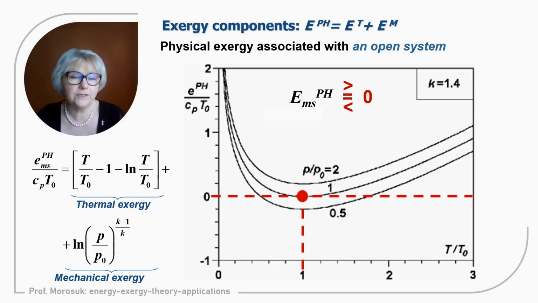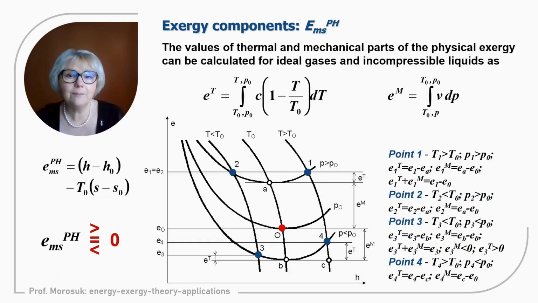And I return to our discussions. Physical exergy can be divided into thermal and mechanical parts, and we can illustrate these parts, for example, using a diagram. If we use the physical exergy versus enthalpy diagram, we can show under which combinations of temperature and pressure, higher than the environment or lower than the environment, the physical exergy of a material stream can be positive, equal to 0, or negative.